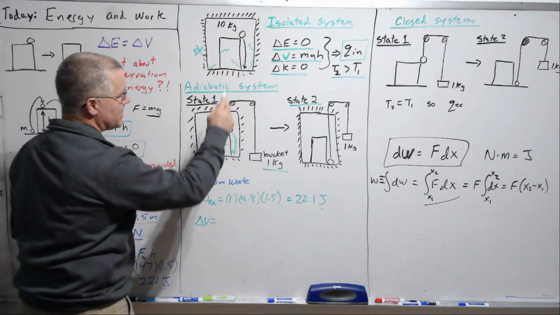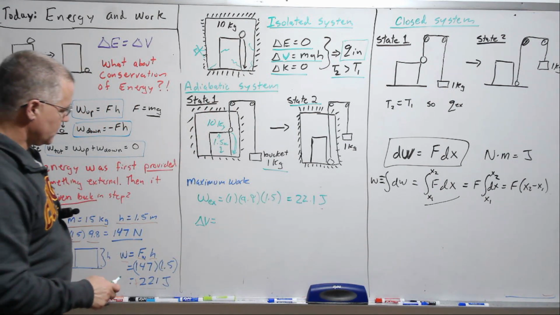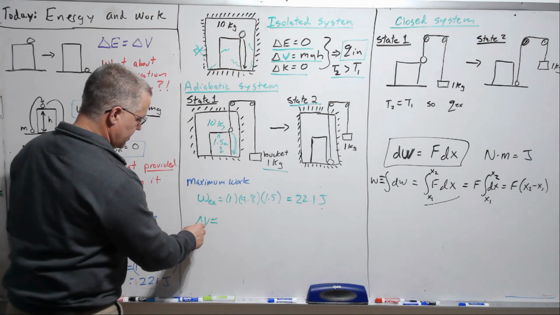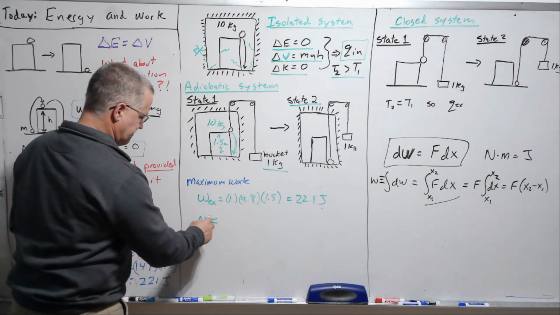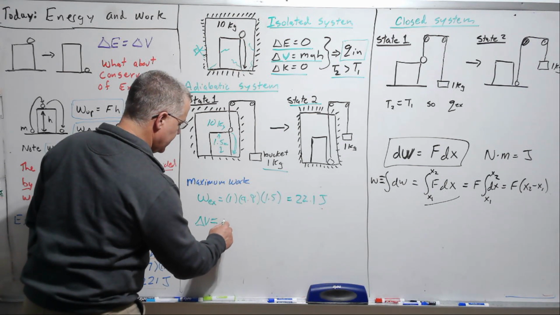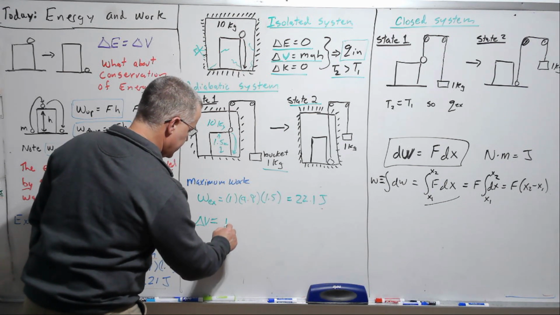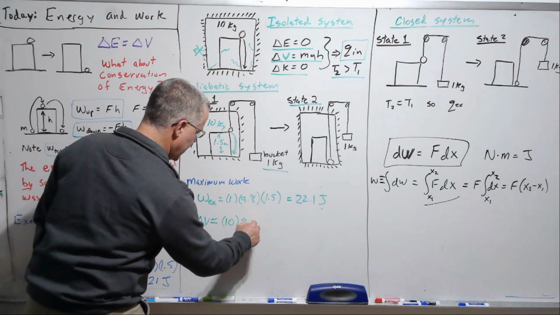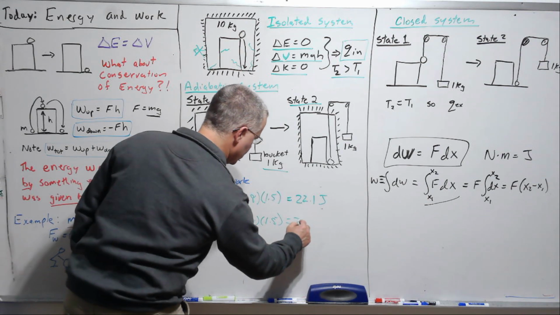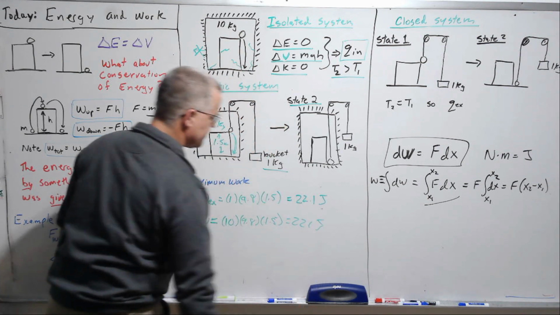Potential energy V or potential energy U, we're going to run into cases where neither of those letters is very good. Now let's look at our change in potential energy. That's just going to be 10 kilograms times 9.8 times the 1.5, which is 221 joules.